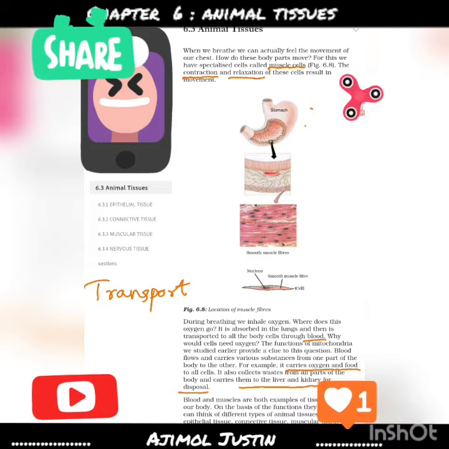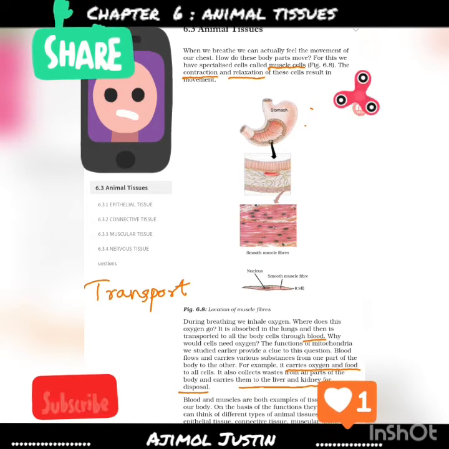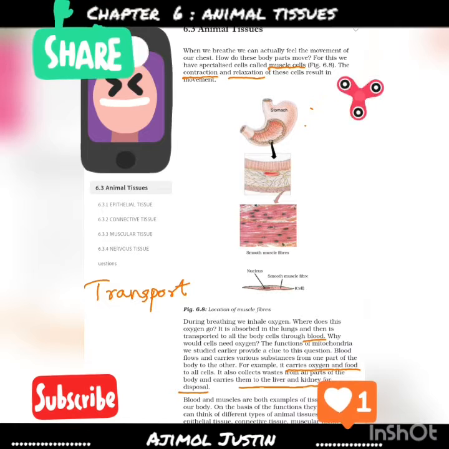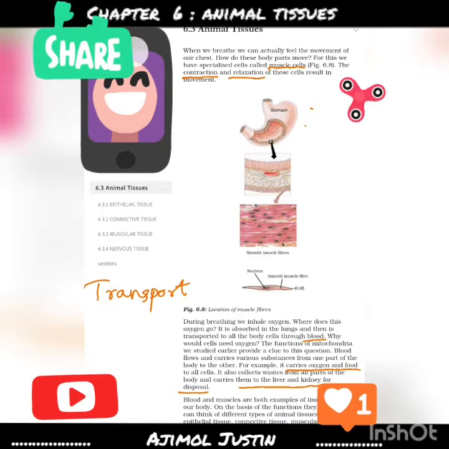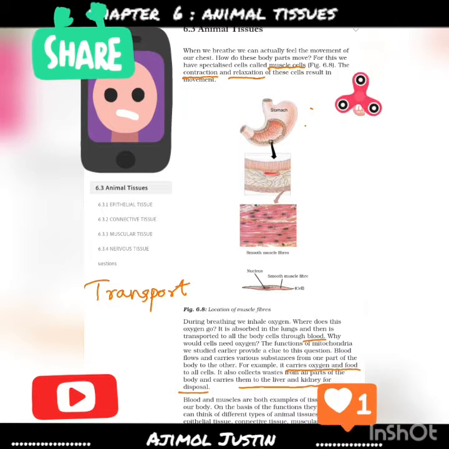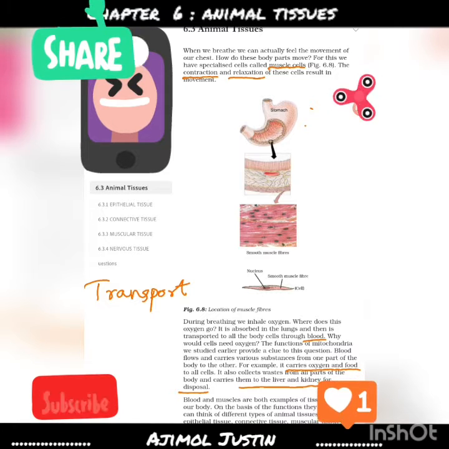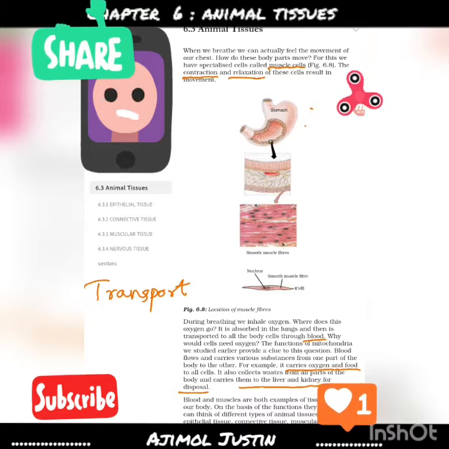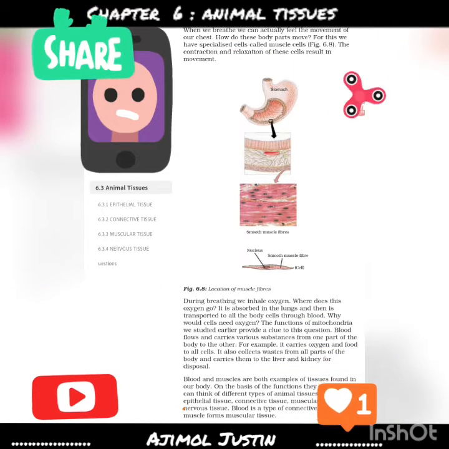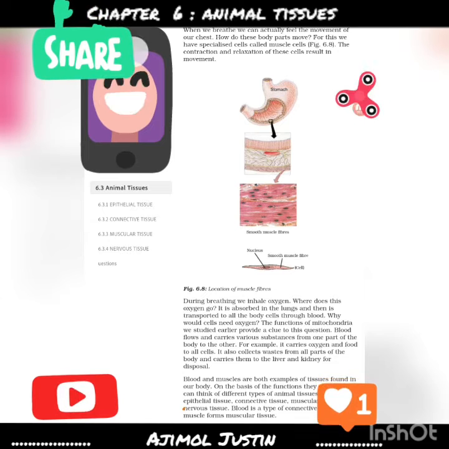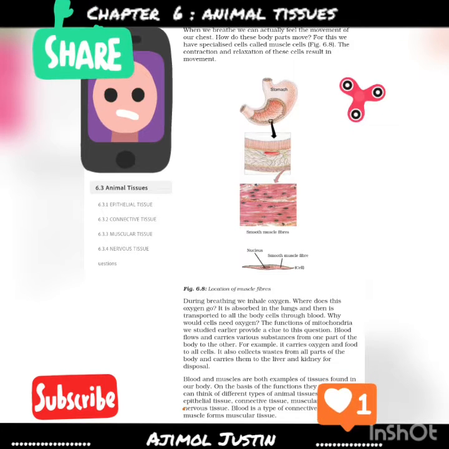Now blood and muscles. In this paragraph we talked about muscles and also blood. 2 different things. These 2 are examples of tissues found in your body. On the basis of function, animal tissues are of different types.